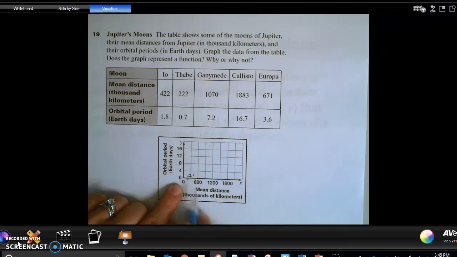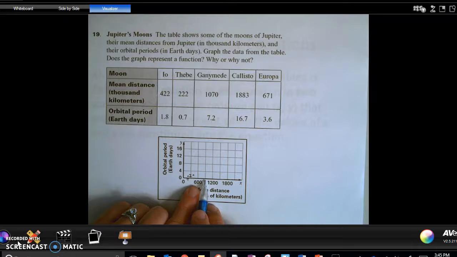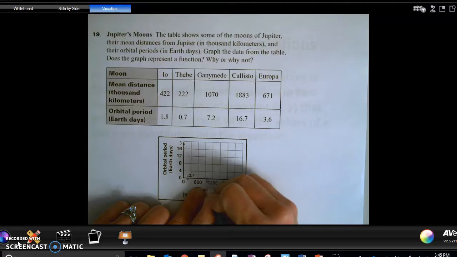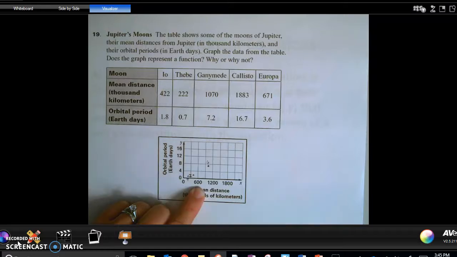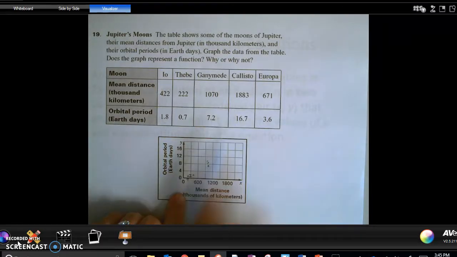My third moon, I need to go over 1070. So halfway in between would be 900. So I'm going to come about a third of the way over between 900 and 1200. And we will go up 7.2 days. And I will label this with a G. For my fourth moon, we're going to go over 1,883.